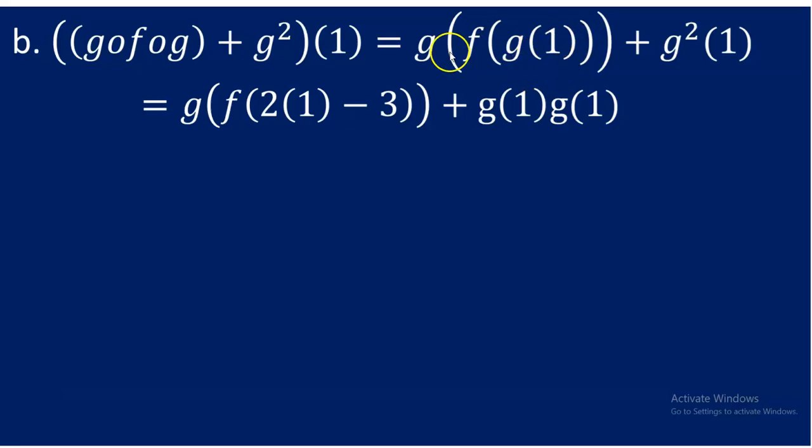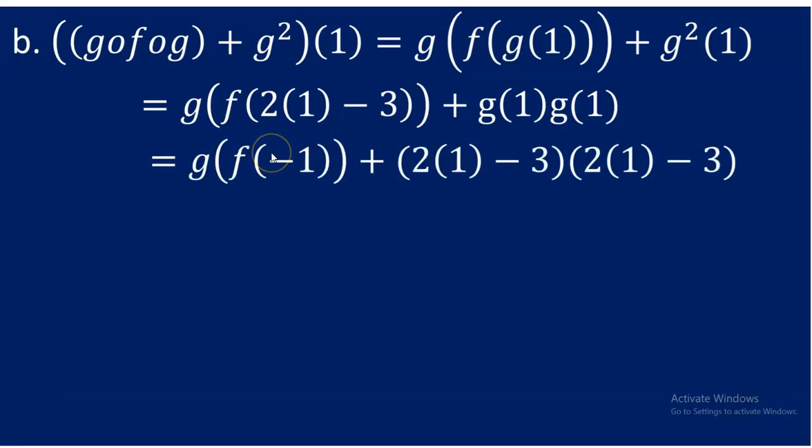So putting 1 in x, you have 2 times 1 minus 3, plus g squared of 1, so it's going to be g of 1 times g of 1. So this is g of f of minus 1, because 2 times 1 is 2, 2 minus 3 is minus 1, plus, what is g of 1? g of 1 is 2 times 1 minus 3, the same is repeated here.